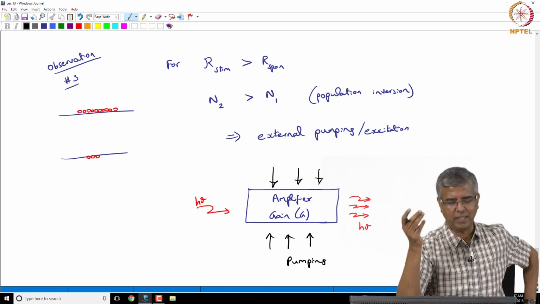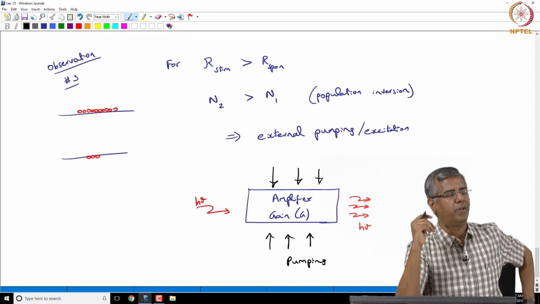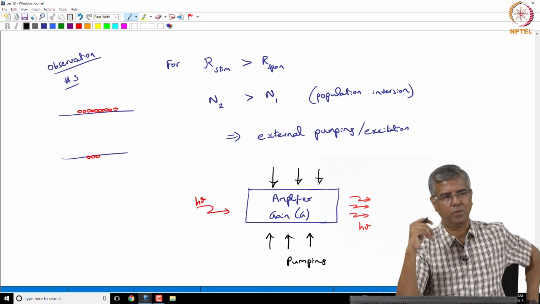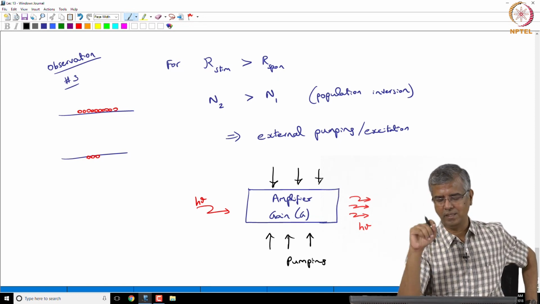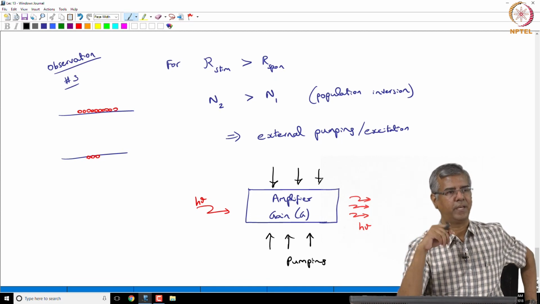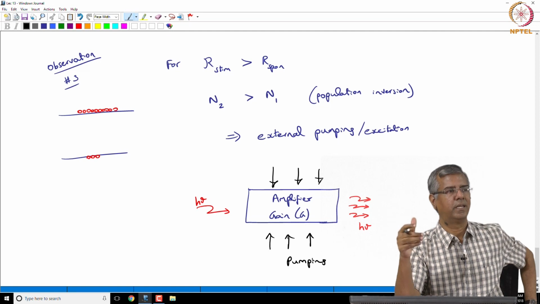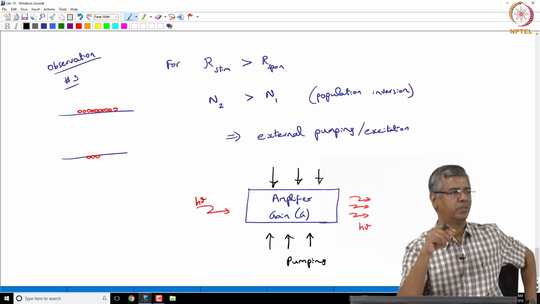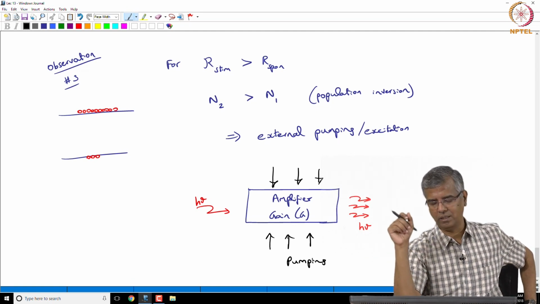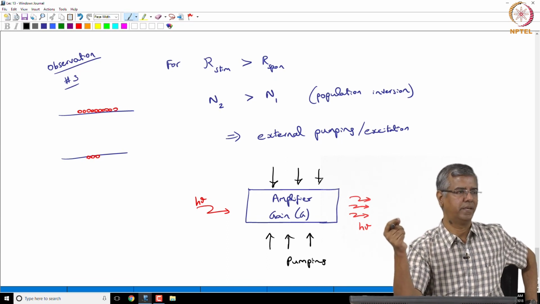As in the case of semiconductors, by electrical injection of carriers, you can have a lot of electrons in the conduction band and holes in the valence band, and then you could have recombination of these electrons with the holes, which results in optical radiation.